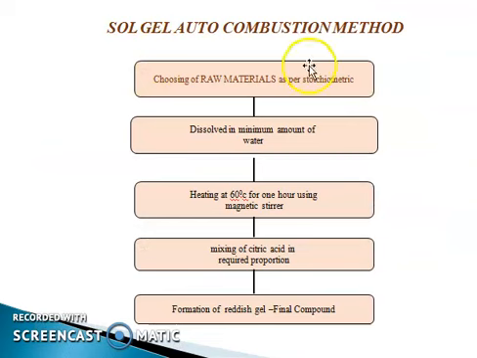See here, the flow chart. First of all, we choose the raw materials as per stoichiometry. Then dissolve them in a minimum amount of water. Then this solution is heated up to 60 degrees for 1 hour on a hot plate by using a continuous magnetic stirrer.